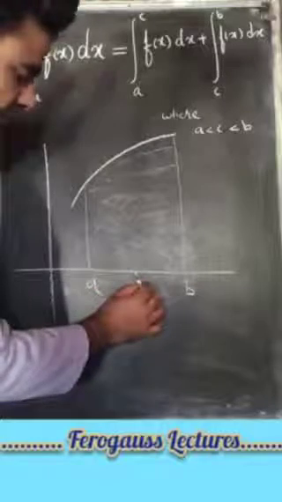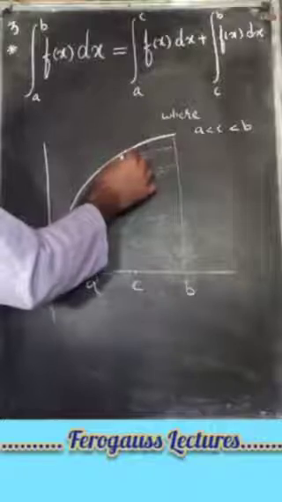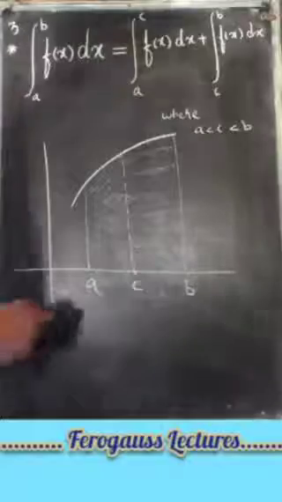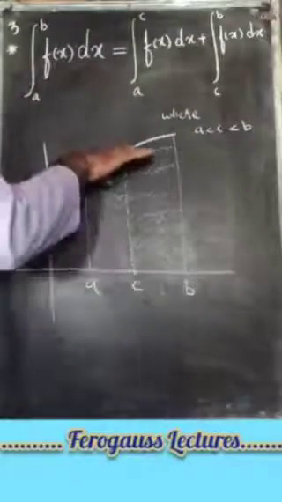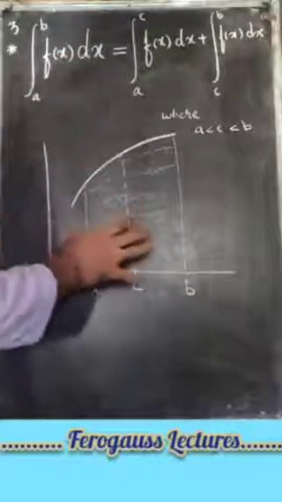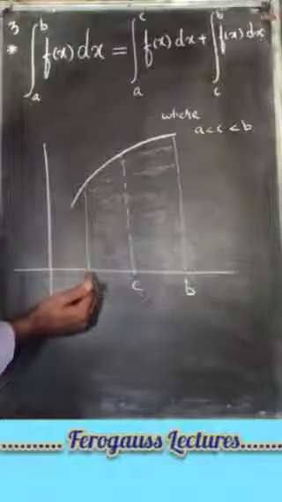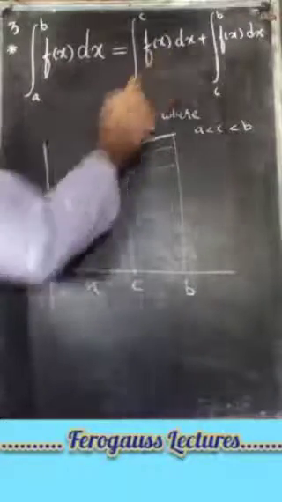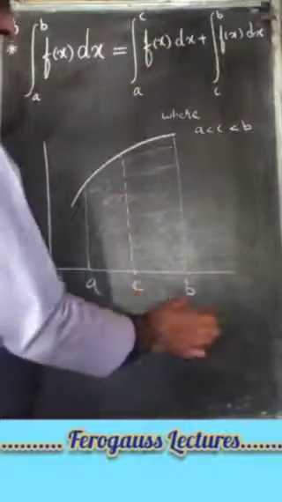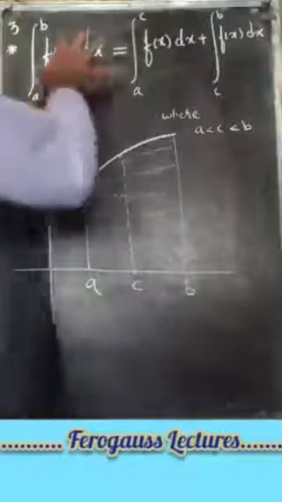Let this point be here. Then obviously the area under the curve between points a and b, that is this integral, is equal to the area under the curve between points a and c, that is this integral, plus the area under the curve between points c and b, that is this integral.